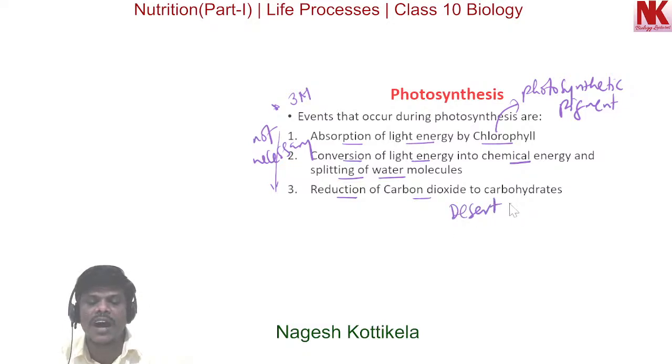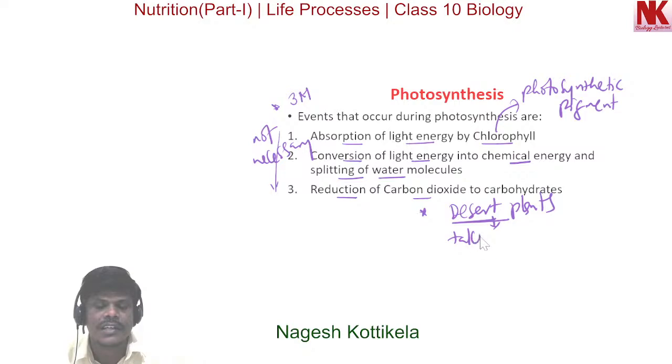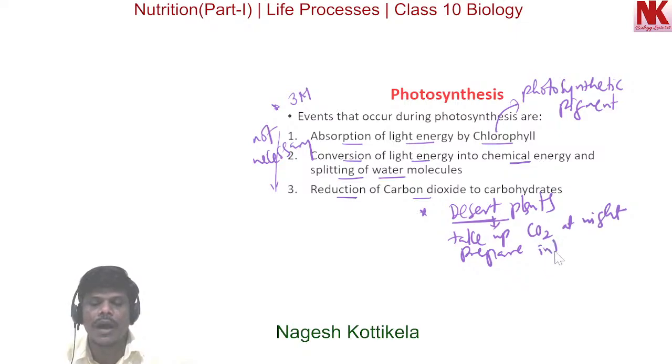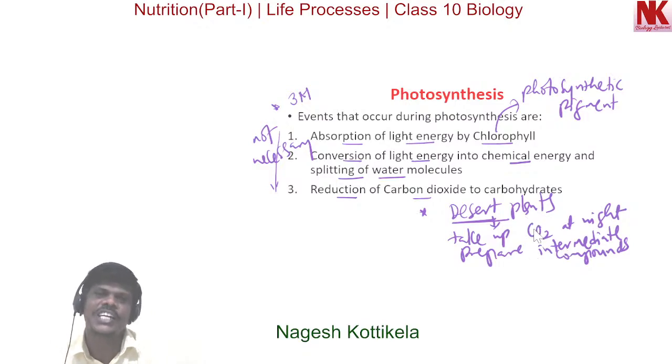In desert plants, what happens, do you know? They take up carbon dioxide at night and prepare intermediate compounds, and these intermediate compounds are acted upon by the energy absorbed by the chlorophyll during the daytime.